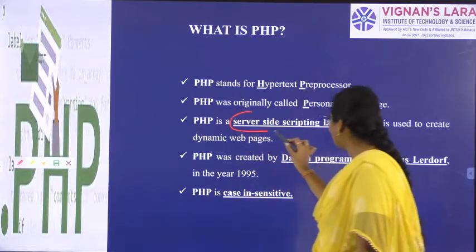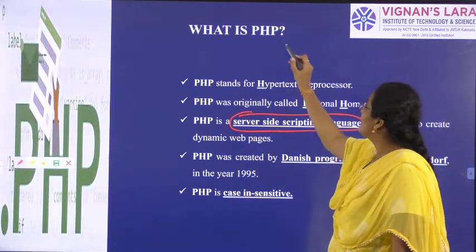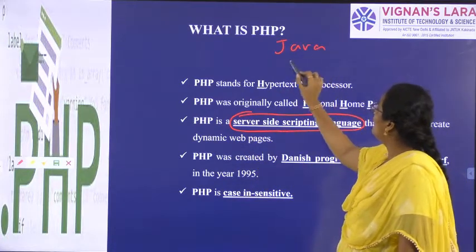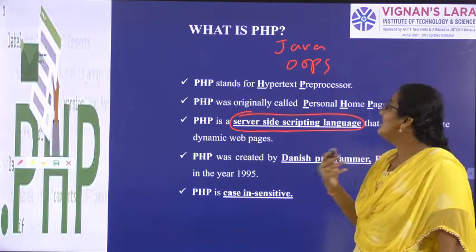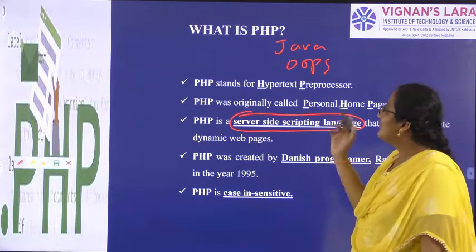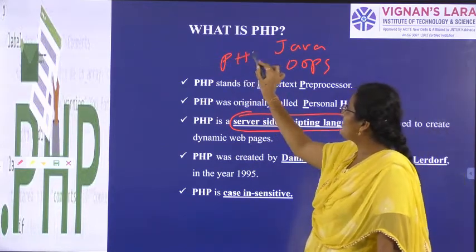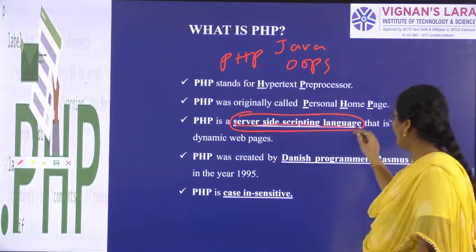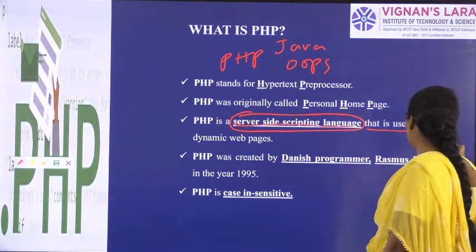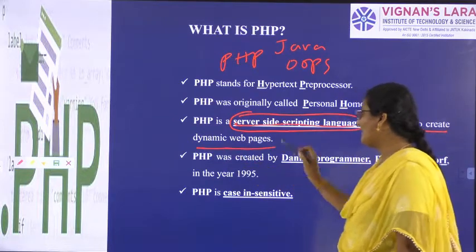PHP is a server-side scripting language. So we know what is Java, we know what is OOPS, object-oriented languages, scripting languages. Likewise, PHP is also a programming language which is a server-side scripting language. And as I already told you, it is used for creating dynamic web pages.